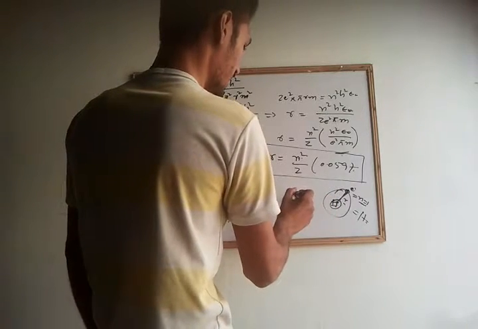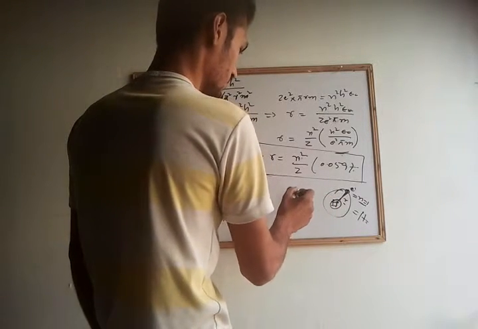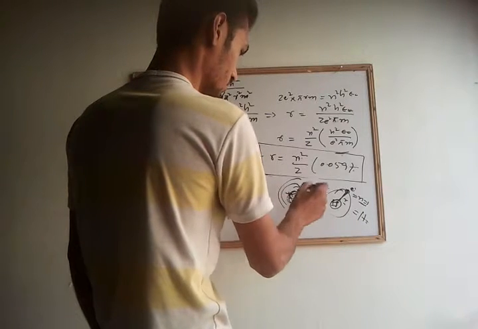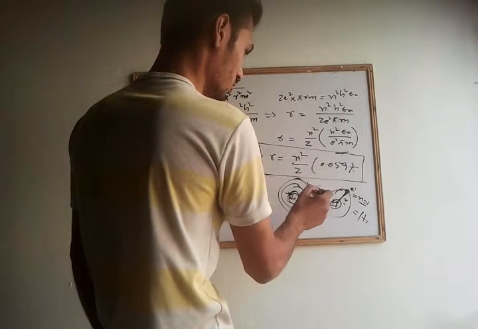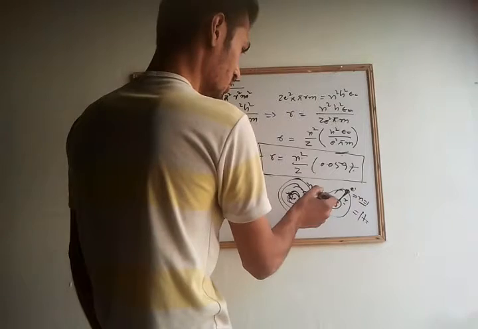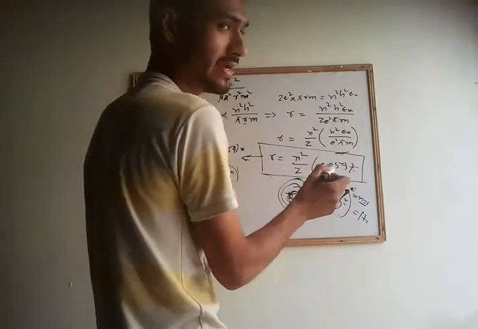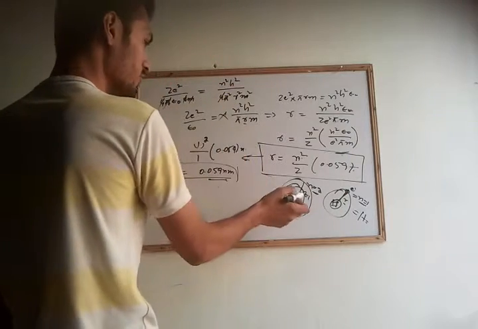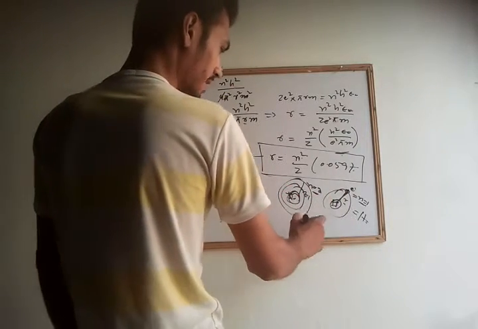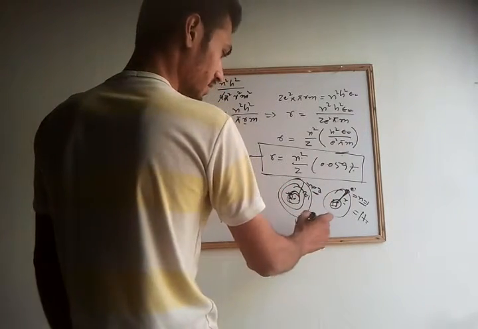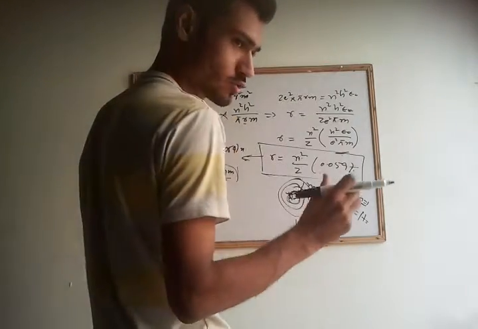If we determine for n is equal to 2, we will determine the distance from the nucleus to the second shell. The second element is helium, and its atomic number is 2.